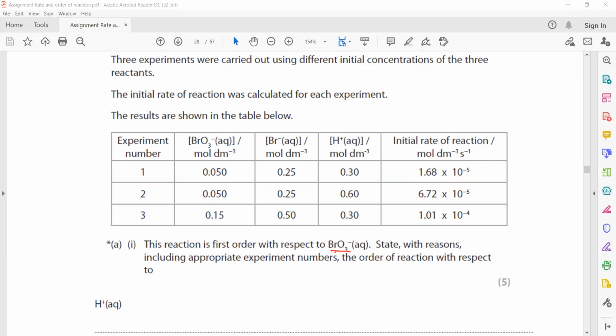But as you can see, not all the experiments are the same here; the concentrations are not the same, and it's 5 marks. So how do we work this out?